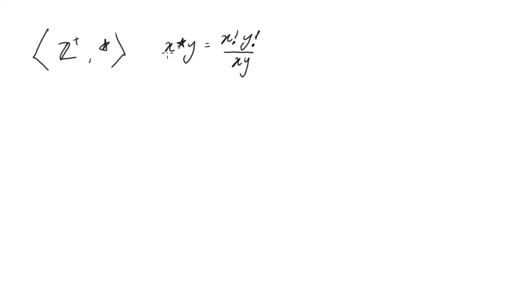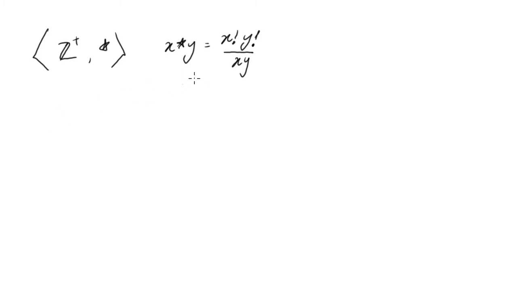Closed meaning that you can combine any two elements from the set and you will obtain a third element which is still a member of that set. So let's consider this binary operation.